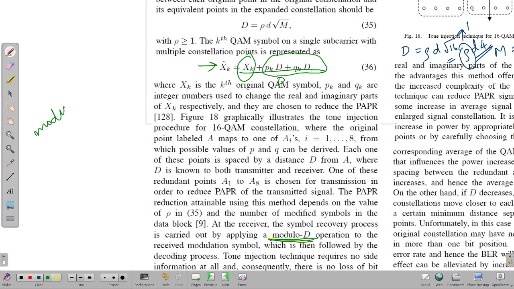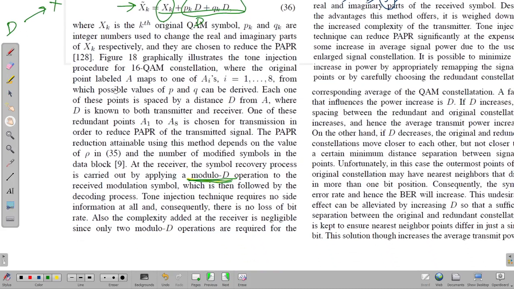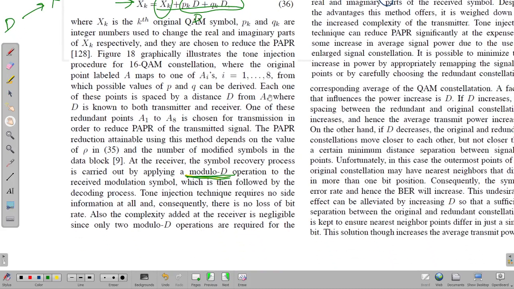So the modulo D operation gives you the original symbol, and as such you don't need any side information to be transmitted. So that is one of the advantages.